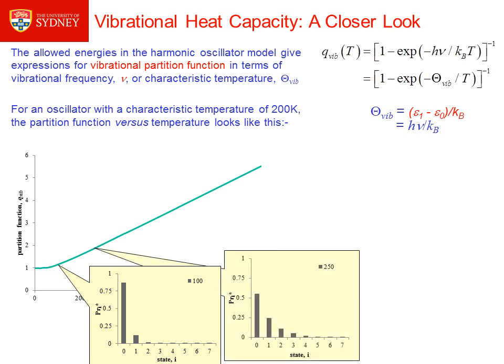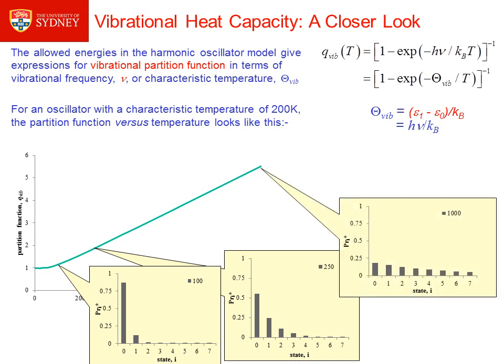A bit above theta, at 251 Kelvin, the probability of occupation of state 1 divided by that of state 0 is around 0.45, and both the second and third excited states are occupied to some extent, and Q is around 2. Far above theta, at 1000 Kelvin, many excited states are significantly occupied, and the partition function is now much greater than 1.